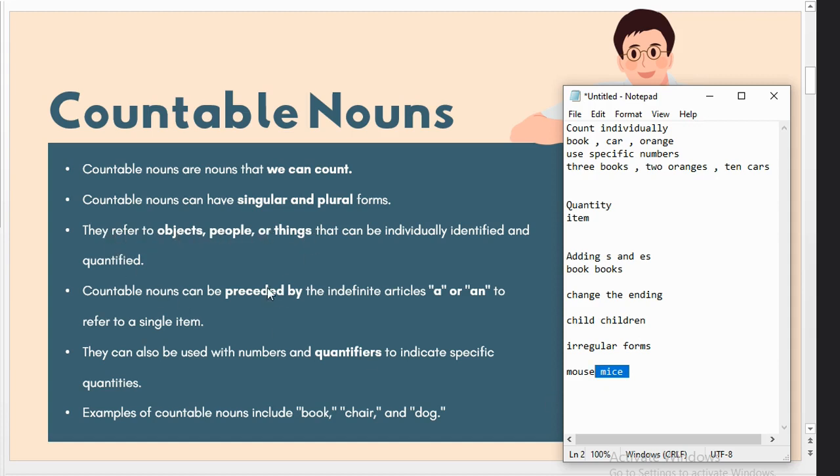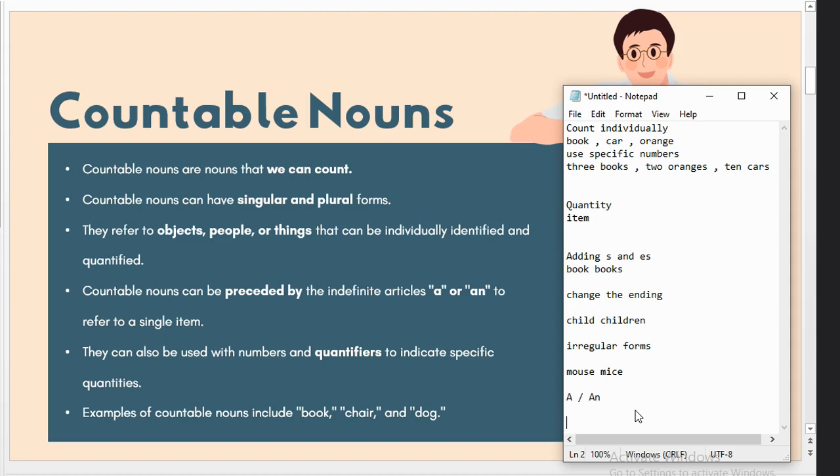They refer to the objects, people, or things that can be individually identified and quantified. Countable nouns can be preceded by indefinite articles like a or an to refer to a single item. A and an are always used with countable nouns.